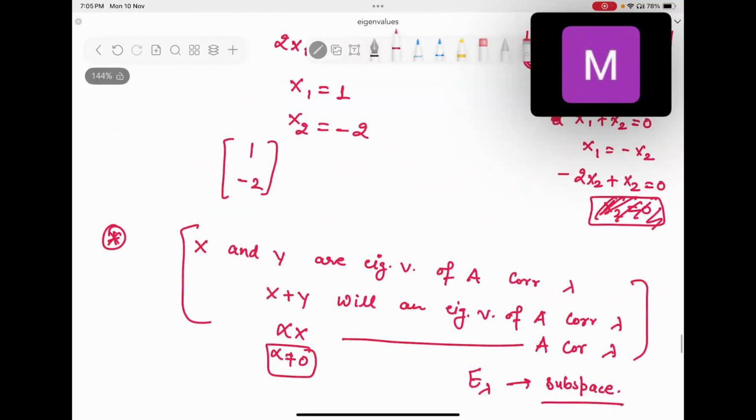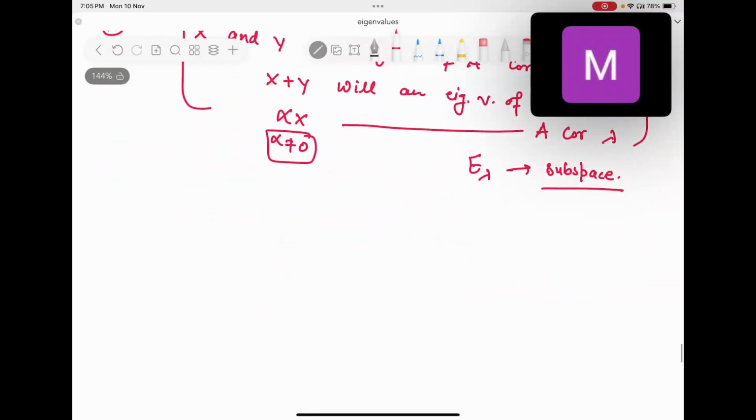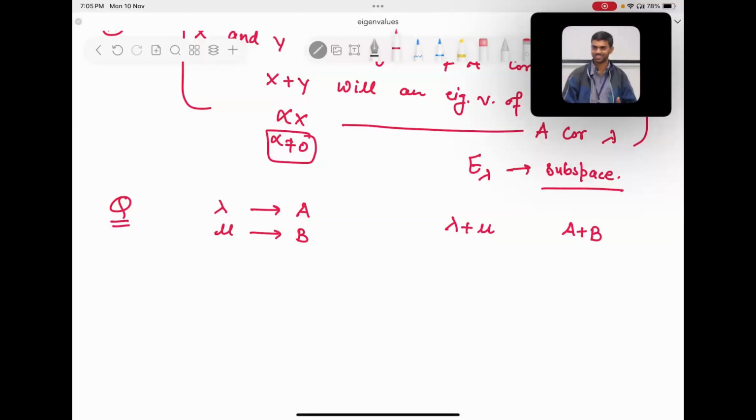Okay. Now let me ask you one question. Suppose lambda is an eigenvalue of A and mu is an eigenvalue of B. Now what can you say about this lambda plus mu and A plus B? So lambda is an eigenvalue of A, mu is an eigenvalue of B, so will lambda plus mu be an eigenvalue of A plus B? Always?